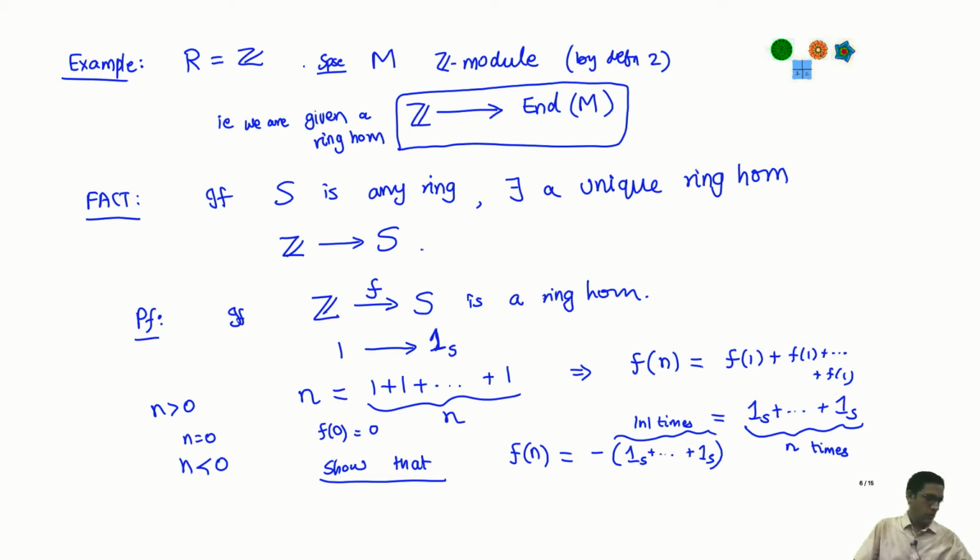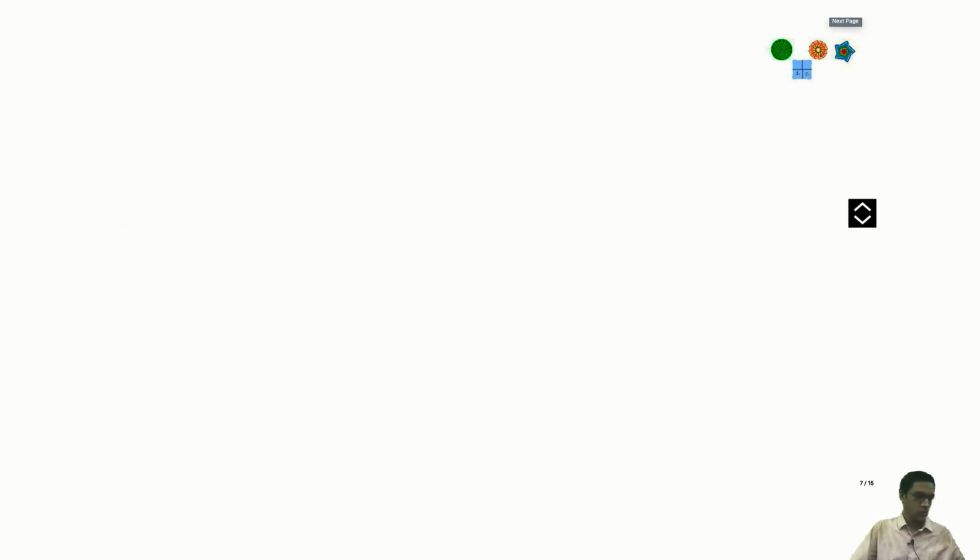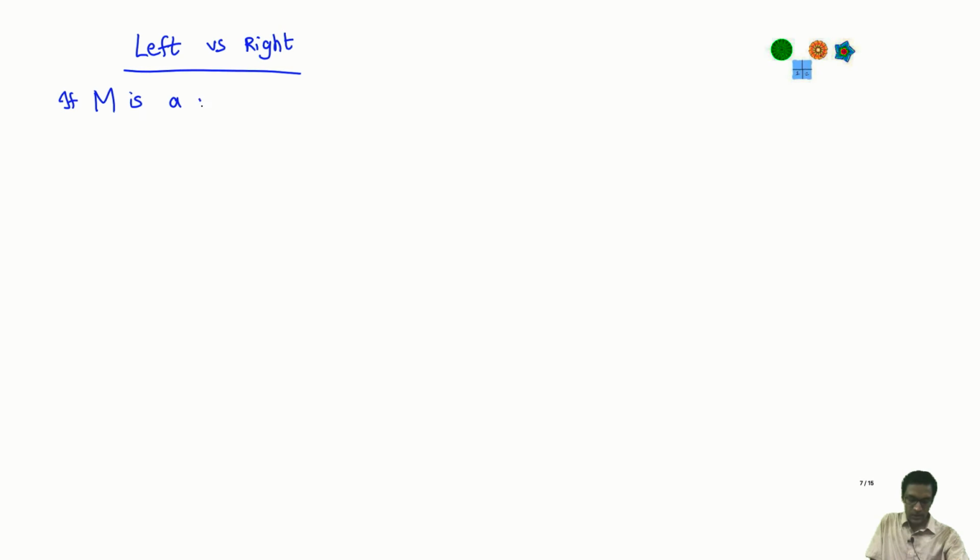Now let's look at left versus right modules. So remember the axioms I had mentioned for modules. I also included axiom 3 dash.